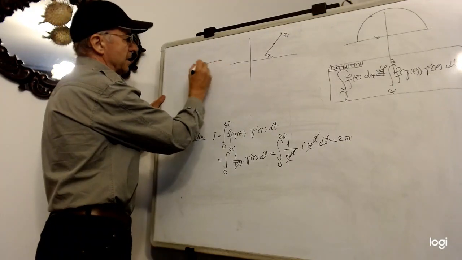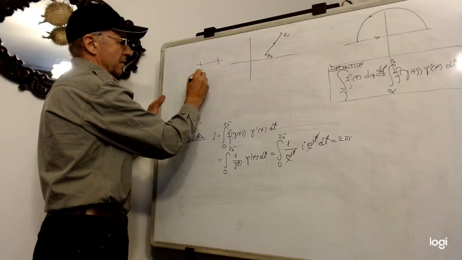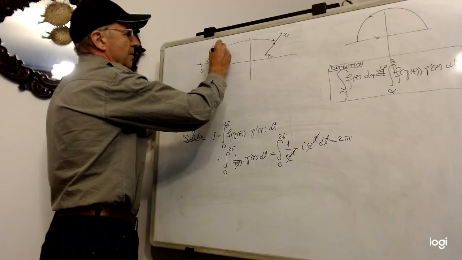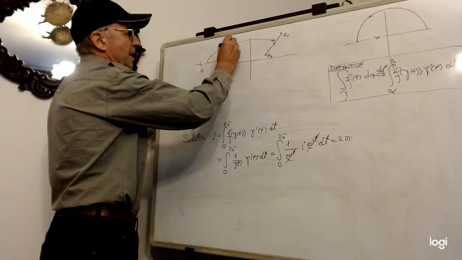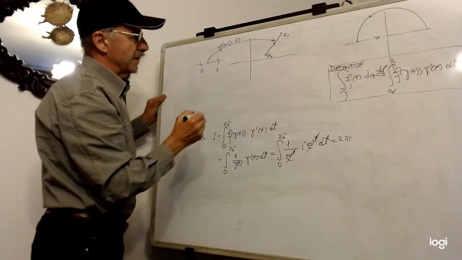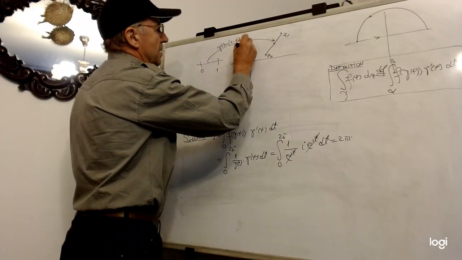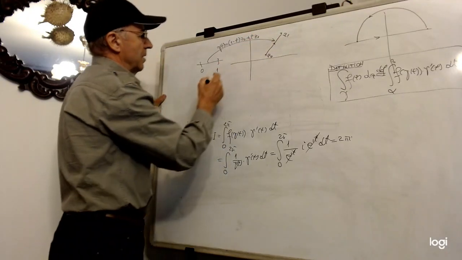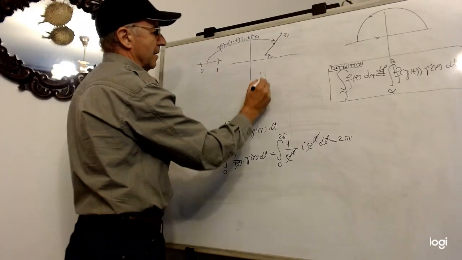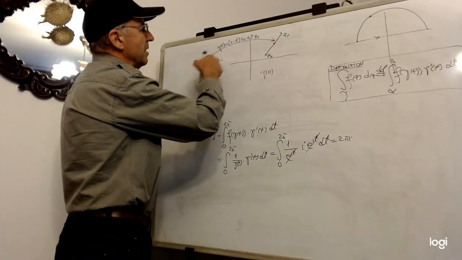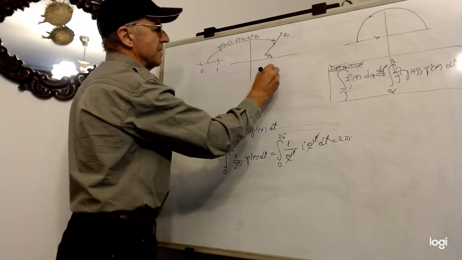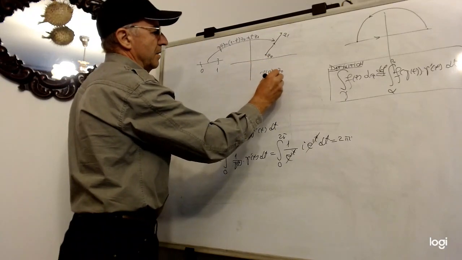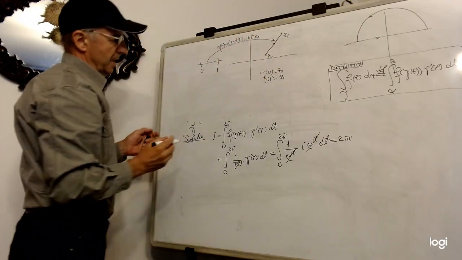A possibility is to use, for example, the interval 0, 1, and gamma of t to be 1 minus t times the starting point z0 plus t times the ending point z1. You can see that gamma of 0, when t is 0, is z0, and gamma of 1 is z1. This is a linear path connecting two points.